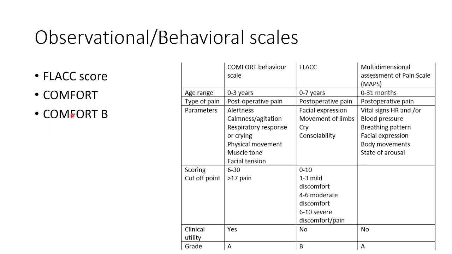The COMFORT-B scale was derived after removing two physiological parameters, heart rate and blood pressure, from the COMFORT score. This was done because heart rate and blood pressure were a short-lasting response to pain and would tend to return to baseline in prolonged pain. As I told you, the FLACC score is more suitable for pain assessment, whereas the COMFORT-B scale provides more information about sedation.